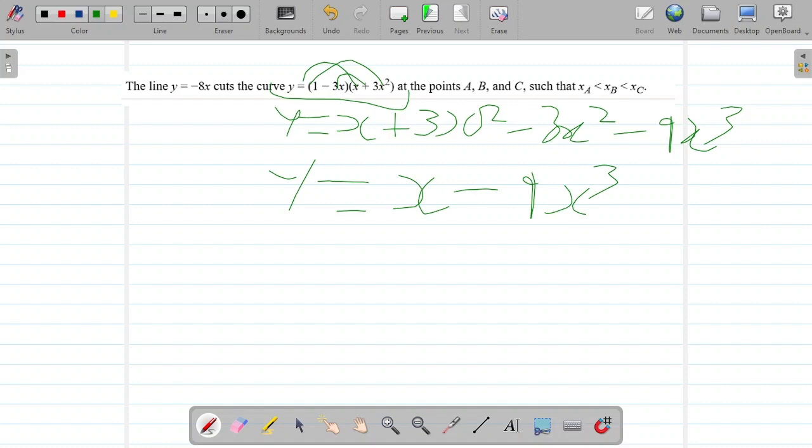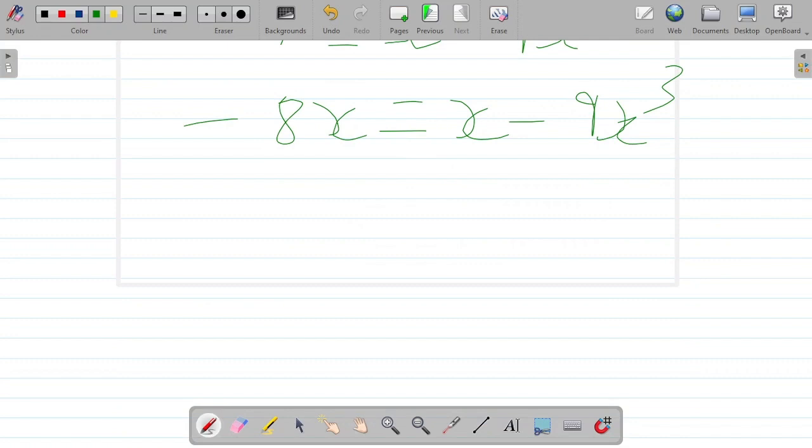Okay, and what do they want? They want the intersections between these two lines. So when you have intersections, you make both of the equations equal. So you do negative 8x equal to x minus 9x cubed, and you solve for x.